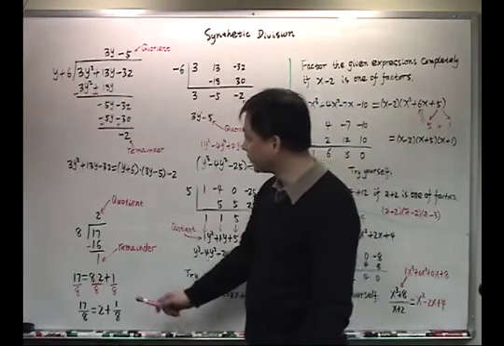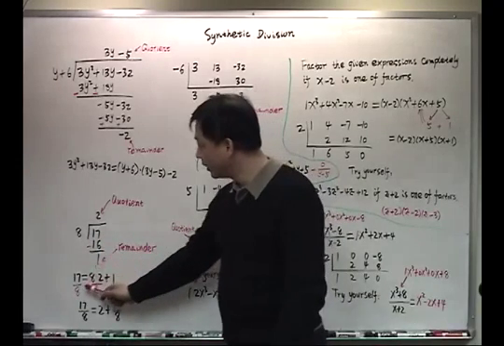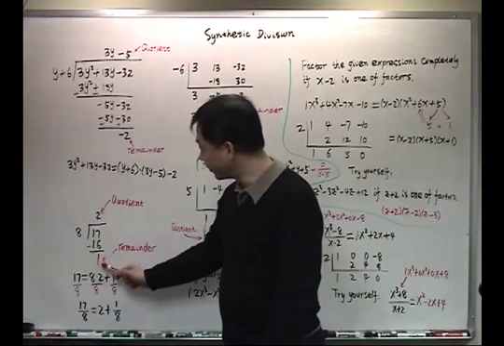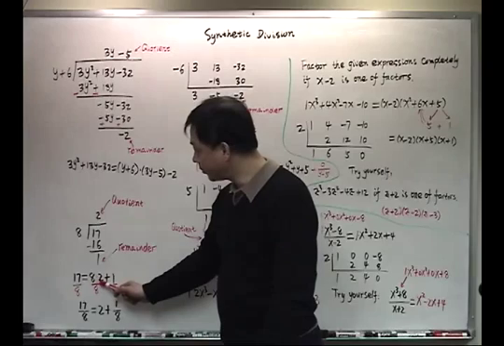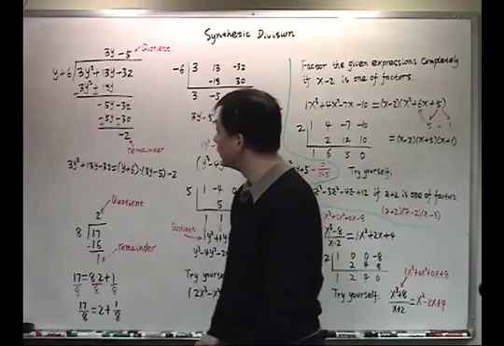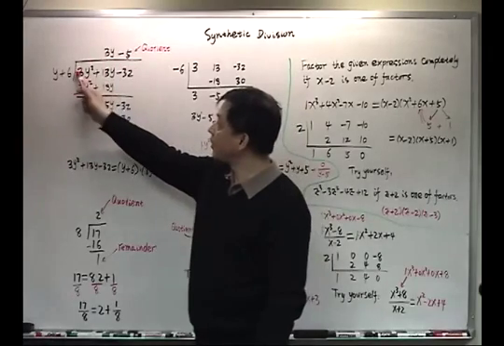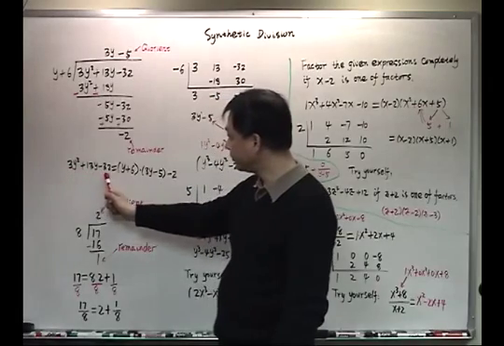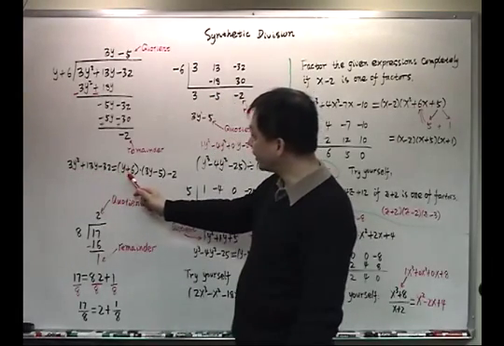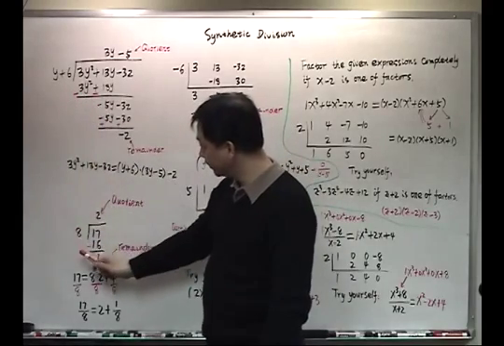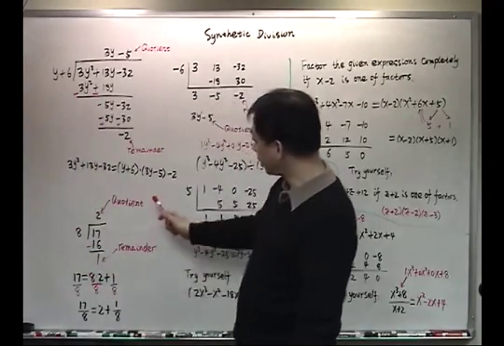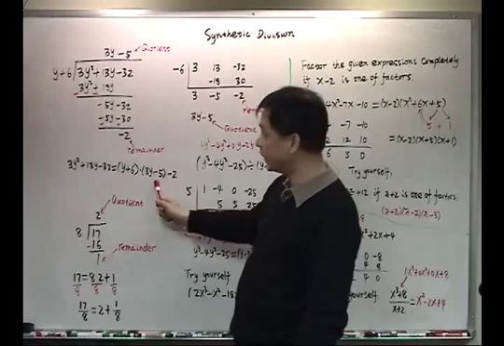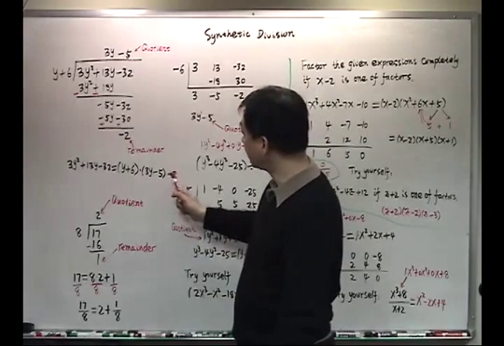Previously we had 17 equals divisor times the quotient plus remainder: 8 times 2 plus 1. Now you have the same thing. 3y squared plus 13y minus 32 equals the divisor from here times the quotient, 3y minus 5, and then plus negative 2, the remainder.